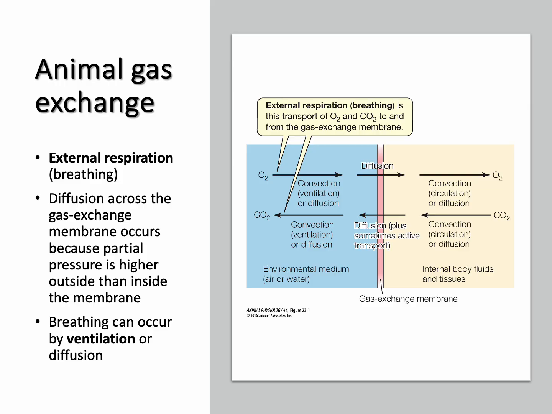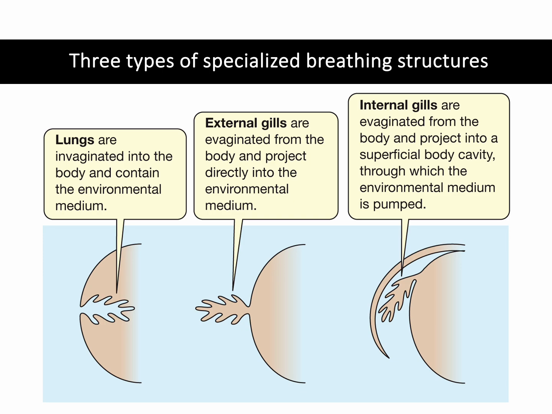Or if you're breathing out CO2, the CO2 is higher inside, and therefore it's going to move across the membrane by diffusion. Breathing can occur by ventilation, or it can actually occur by diffusion. And we'll talk a little bit more about that in detail.